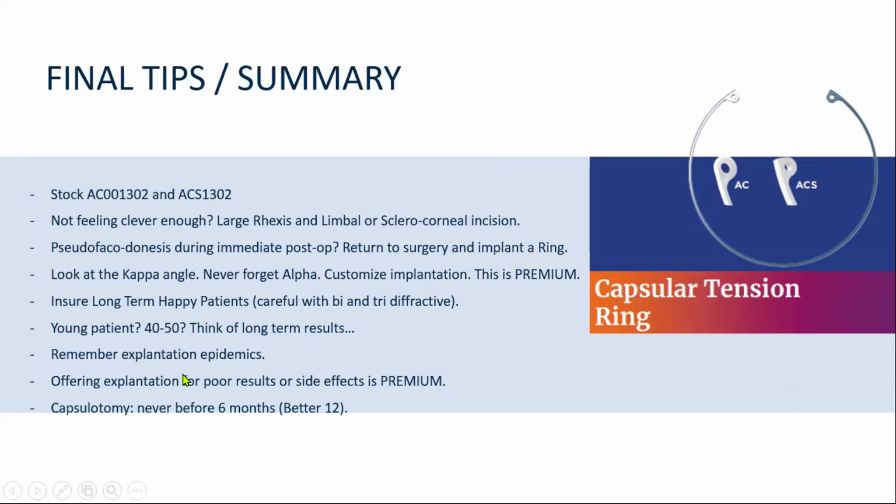If you find that in the immediate post-op your IOL is moving, so you have pseudophacodonesis, return to surgery and implant a ring. You may implant a ring after the IOL. It's not a contraindication. With the IOL inside the bag, you can even put a CTR in if you haven't implanted it the first time.